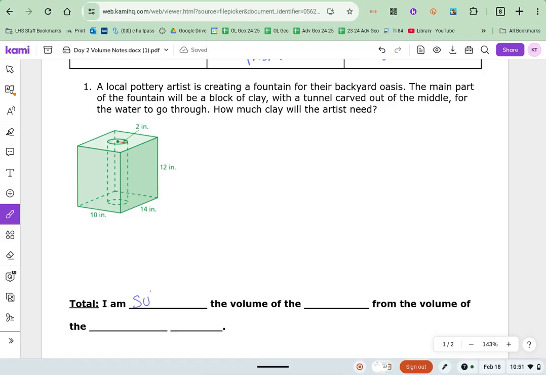So I am subtracting the volume of the cylinder from the volume of the rectangular prism.